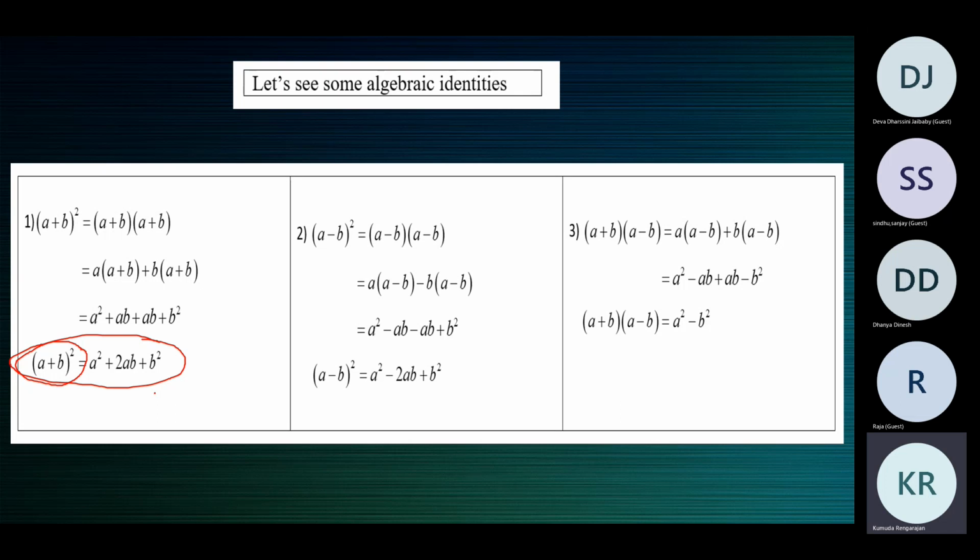One square plus 2 into 1 into 2 plus 2 square. 1 square is?